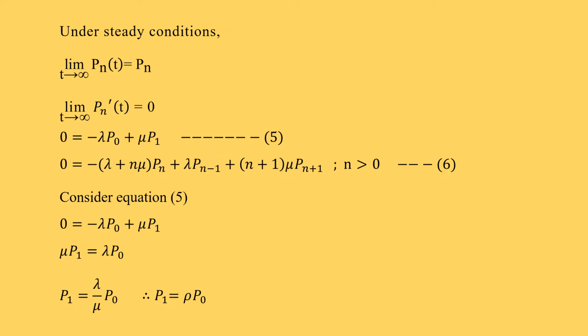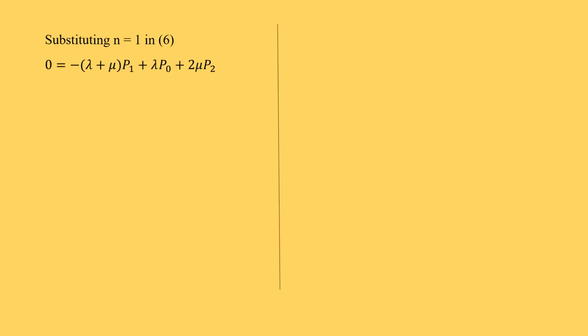Let us now substitute n is equal to 1, 2, 3 step by step in equation number 6 and see how the values of P1, P2, P3 proceed. If I substitute n is equal to 1 in equation 6, the equation that I get consists of three terms on the right hand side, one with P1, P0 and P2.